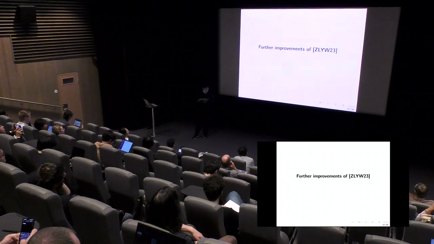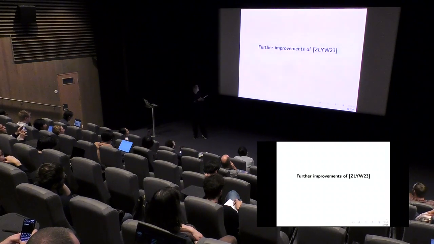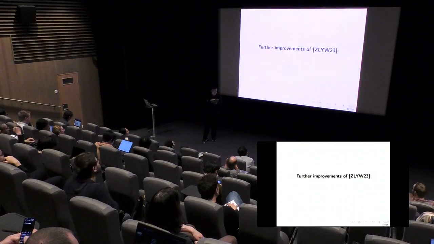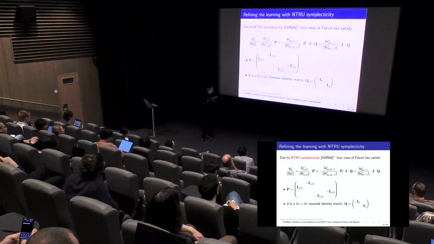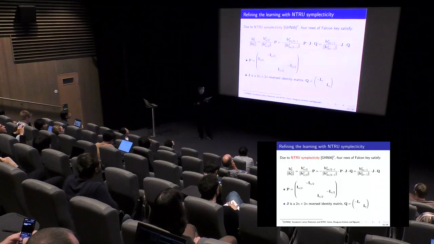In this work, we further improve the key recovery of the Eurocrypt work. So let's talk about the further improvements. Due to NTRU simplicity, 4 rows of the Falcon key satisfy the following relations.